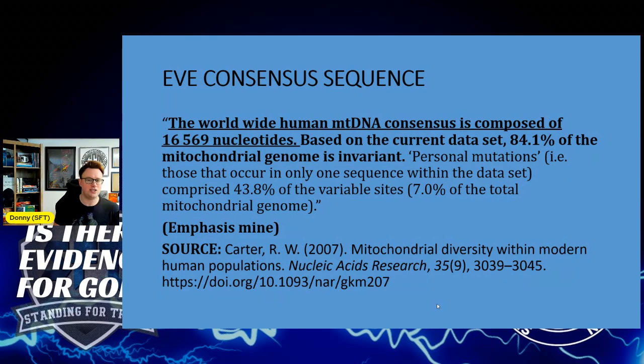And what that means is it's only found in one people group or even one person. And because it's rare, it is a mutation that has occurred in specific people groups or a specific person. It's not part of the 85% that's invariant that basically all people have.